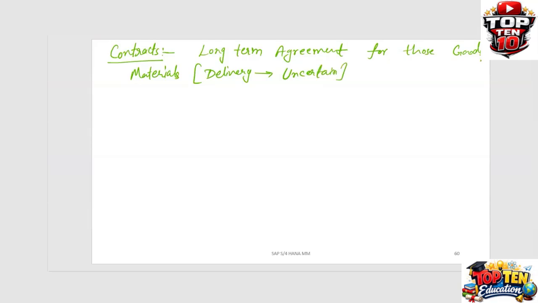Contracts are of two types. Number one is the quantity contract. Number two is the value contract.